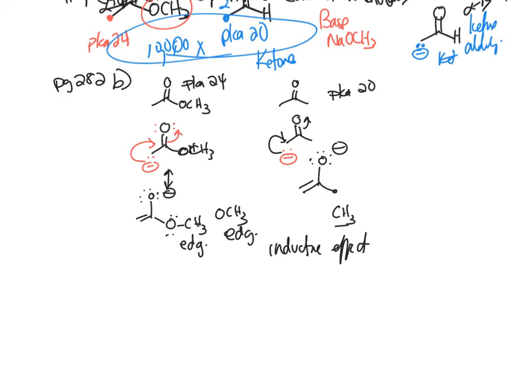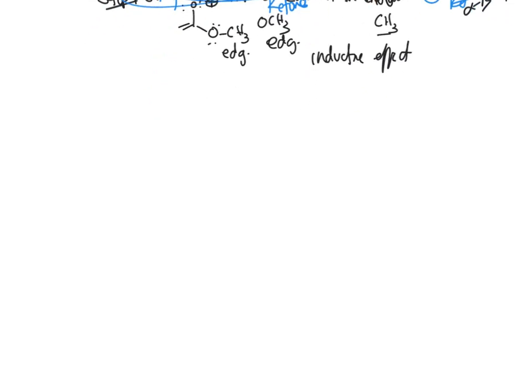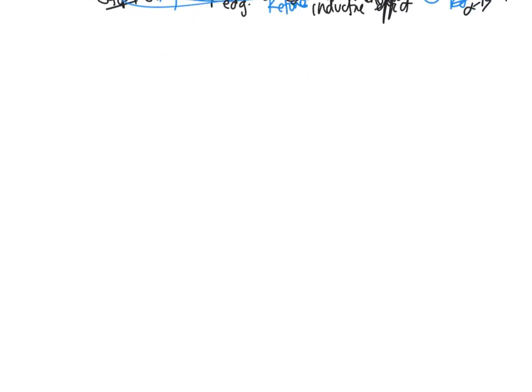Okay, so it says draw the mixed Claisen product that results from the base catalyzed reaction. Okay, so let's go ahead and draw this reaction. You're going to have to do these reactions, okay? So, and you're going to have to look at both of them and figure out which one's going to be the enolate and which one's going to be the beta carbon. So you would get something like this.